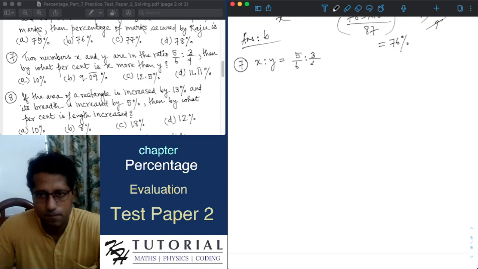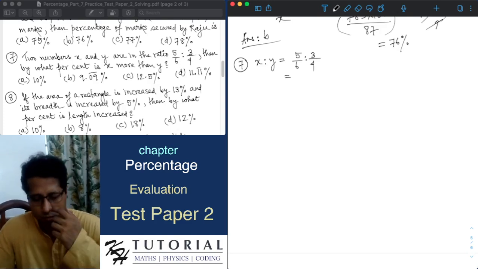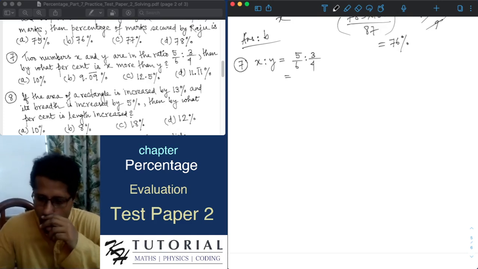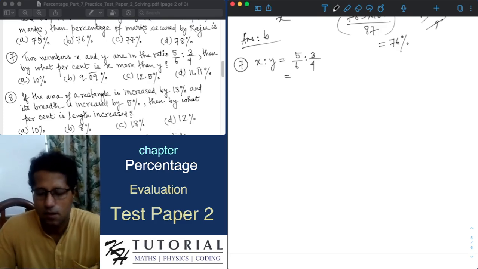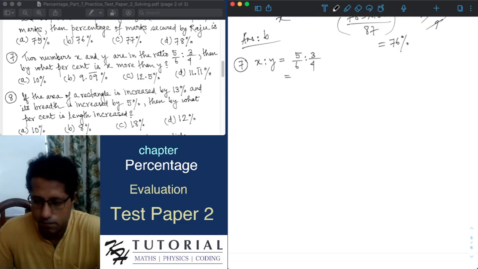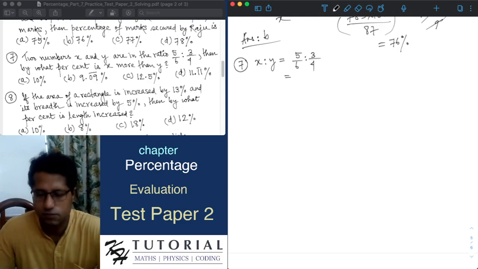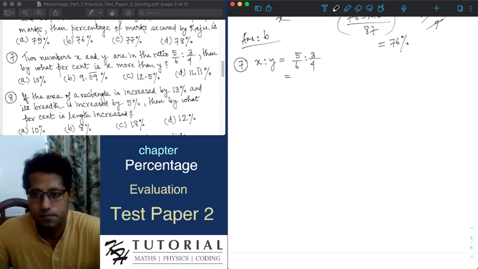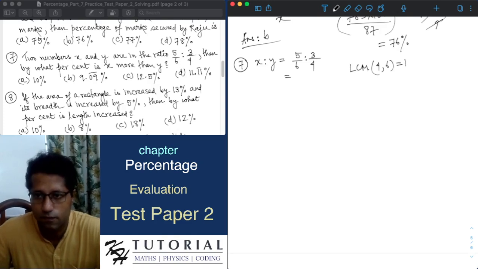For easier computation, we convert the terms of this ratio into integers by multiplying both the terms with the LCM of the denominators 6 and 4. LCM of 4 and 6 is 12.